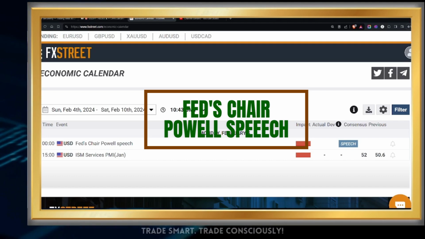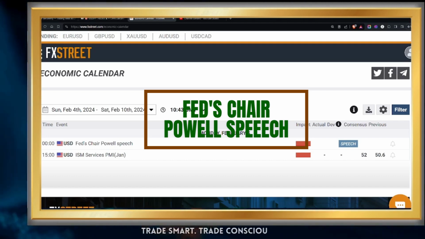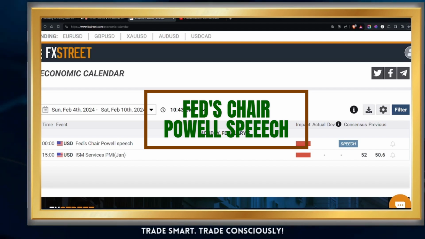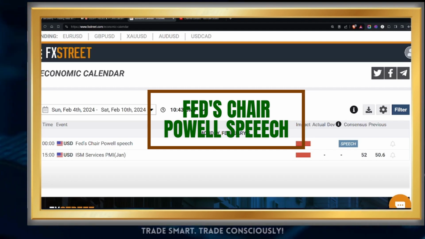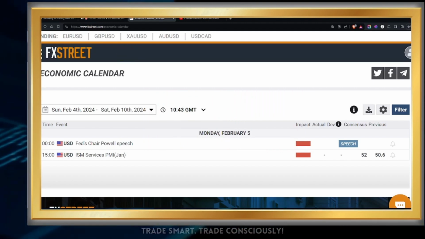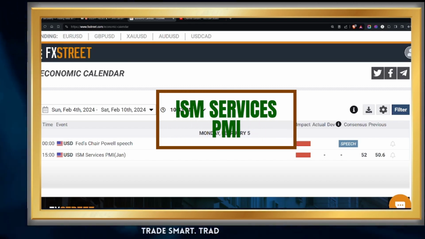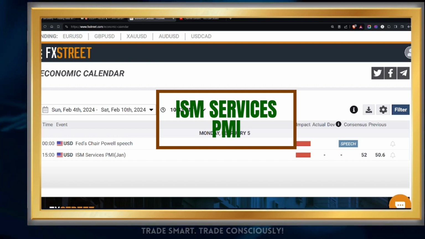The anticipation of his speech can significantly impact market sentiment as traders and investors closely analyze his rhetoric for clues about future policy directions. Then later on that day, we will be looking forward to the ISM Services PMI, which is a key economic indicator that measures the performance and expectations of the service sector in the United States.